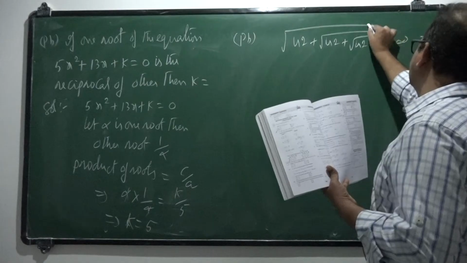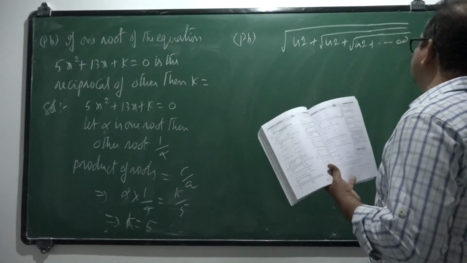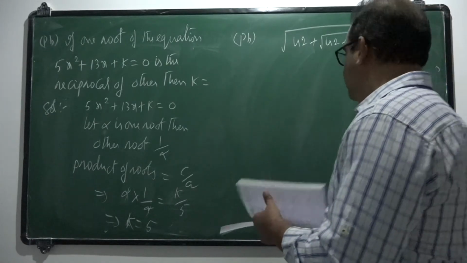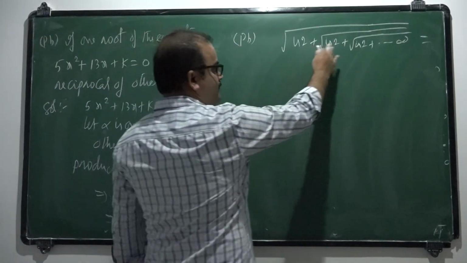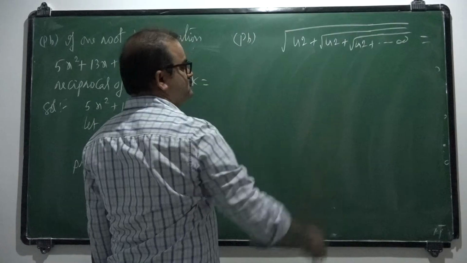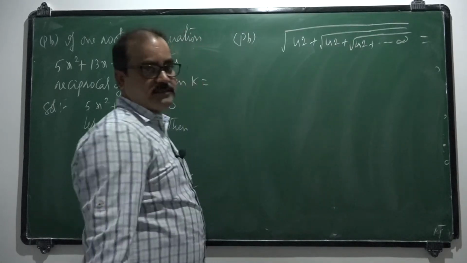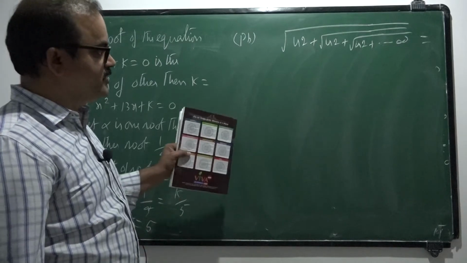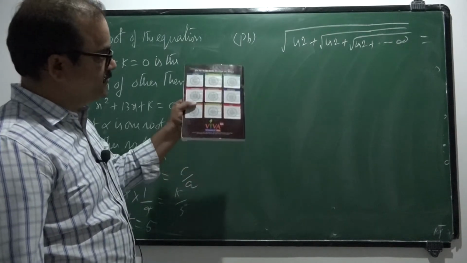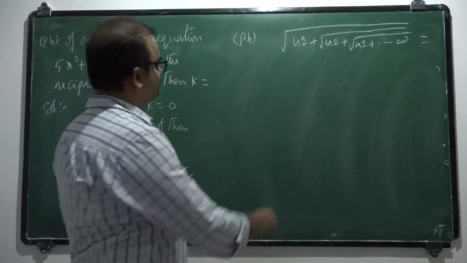This is equal to, we can't find this value directly. These are infinite square roots. But by using this quadratic equation, we can find that value simply.